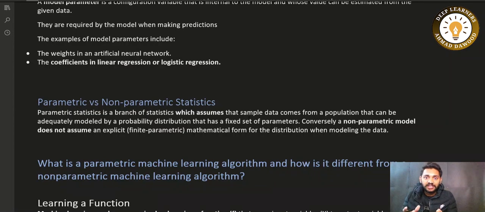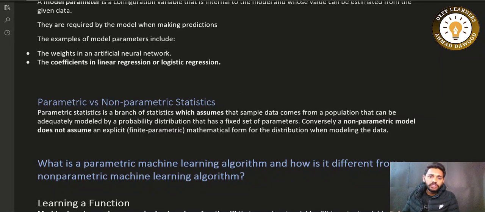Like you have some data set, it assumes that your data set is coming from a population which has some mathematical form that you can model yourself. But on the other hand, non-parametric stats don't make any assumption about the mathematical form of your data set, about the distribution or about the population distribution. You are very familiar with this; I will elaborate in a while.